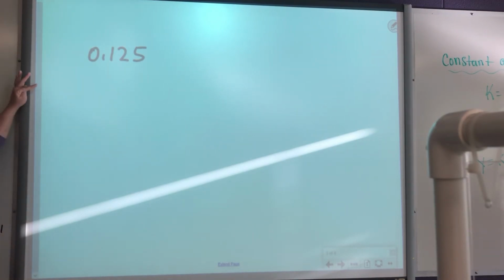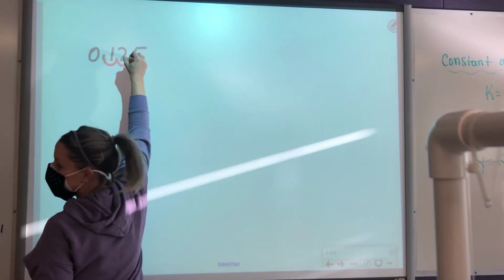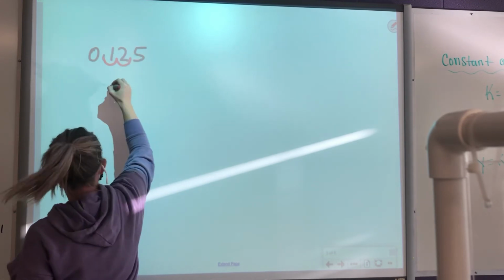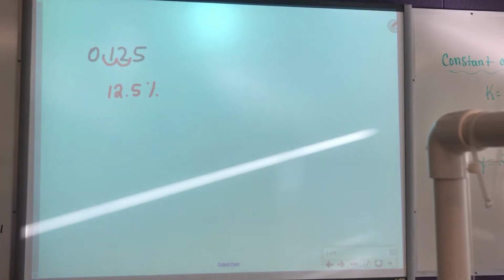Okay, so here, we've got 125 thousandths. If I move my decimal 1, 2, what's my percentage? 12.5. Okay, and that is okay to still have a decimal in the percentage.